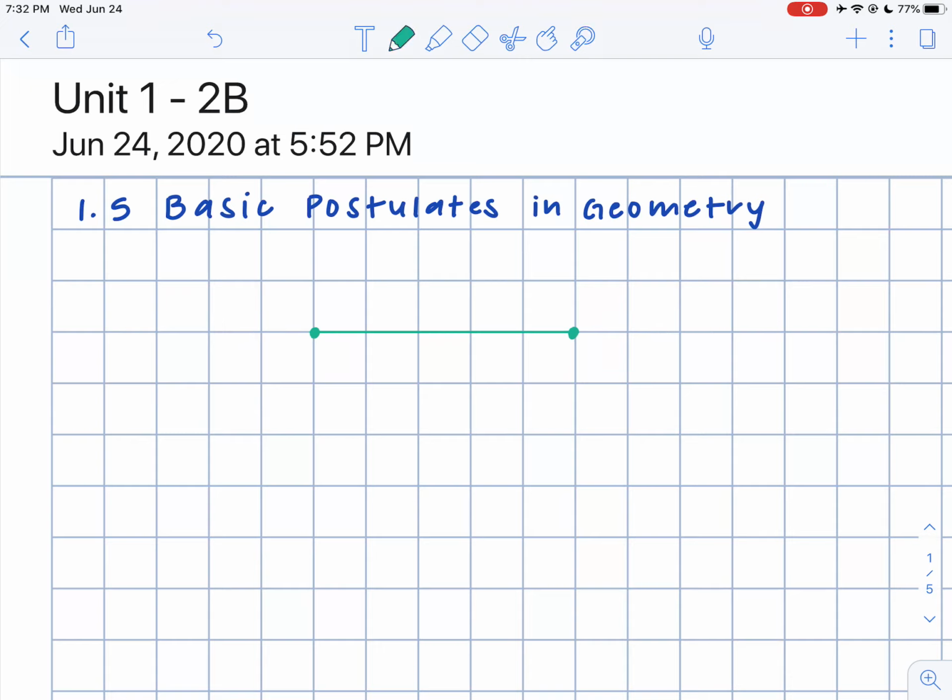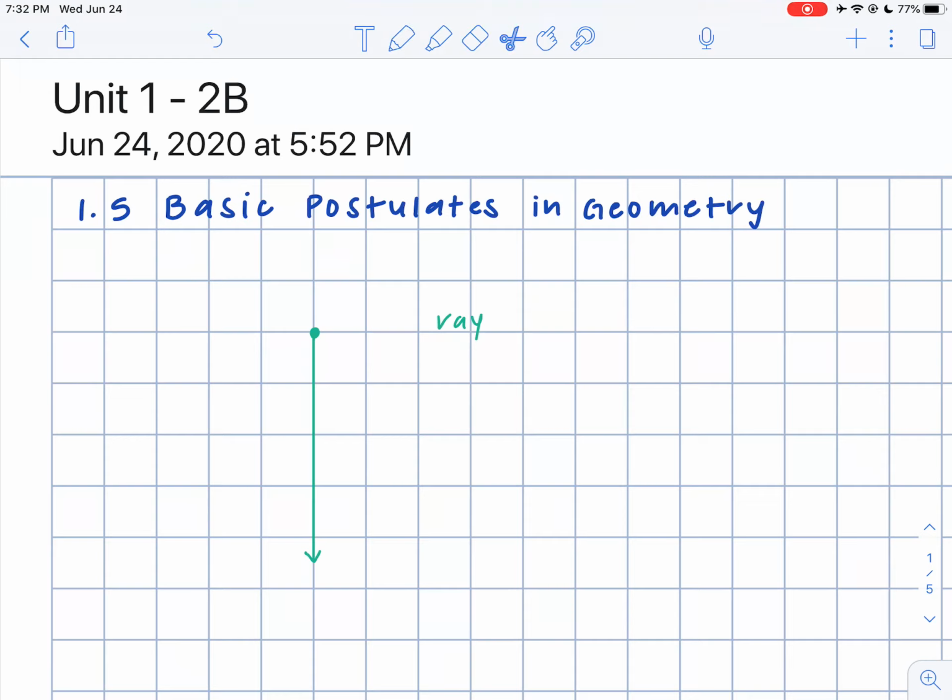So what if it only continued on in one direction, right? On one end, it's bound to some endpoint, but on the other end, it continues on and on until infinity. Well, now this is called a ray.